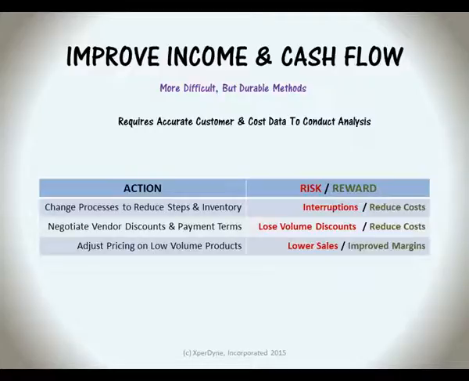Mistakenly, small businesses often reduce prices on low-volume items in order to boost sales. Steep discounting may make sense to eliminate inventory on discontinued items, but not for ongoing sales where lower prices could create unexpected losses.